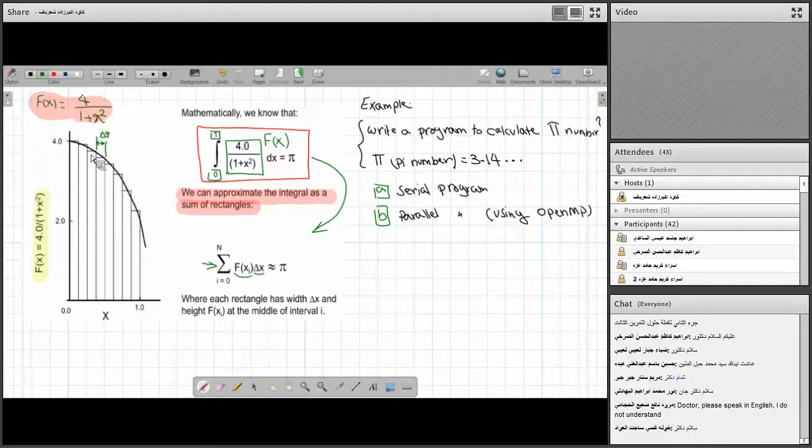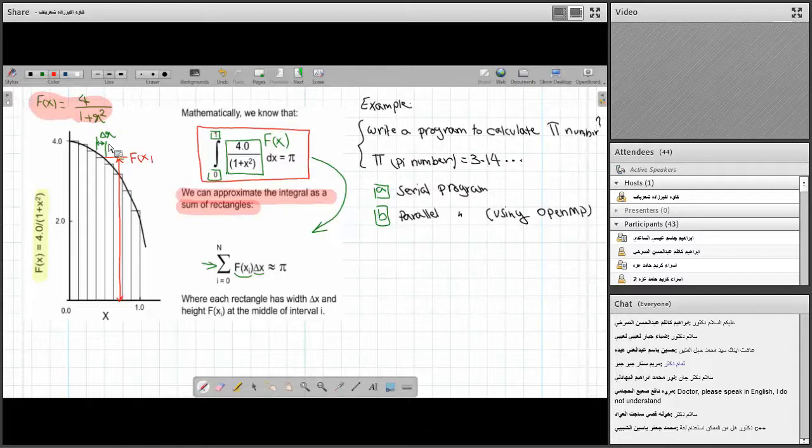This is delta x and this is f of xi. این دلتا x و این هم f xi.